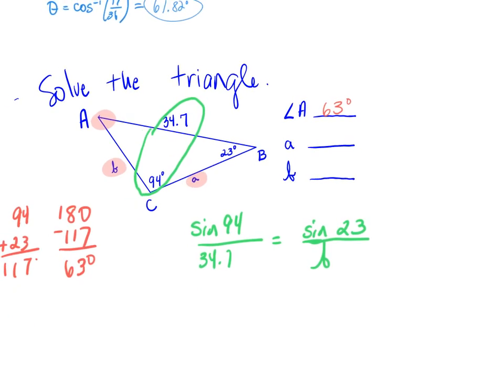We could have done A. I don't know. I just chose to do B right now. So I'm going to cross multiply. I get 34.7 times the sine of 23, not 33, equals B times the sine of 94.